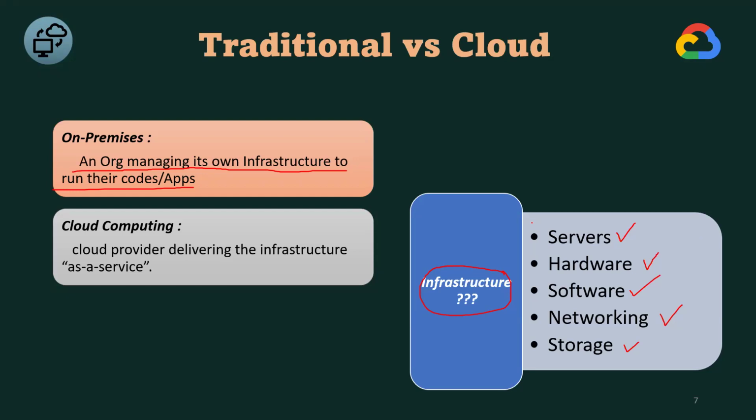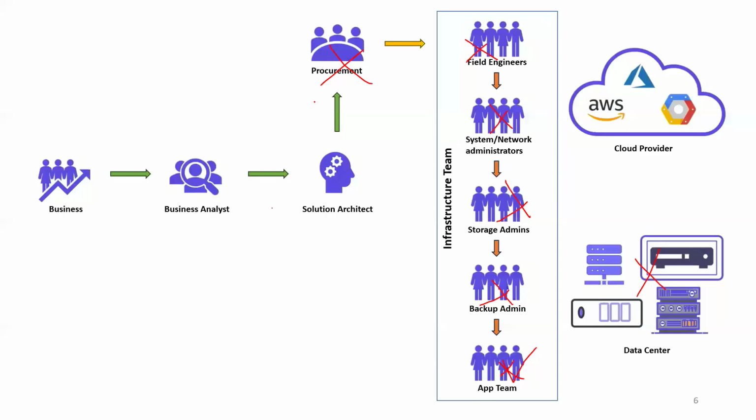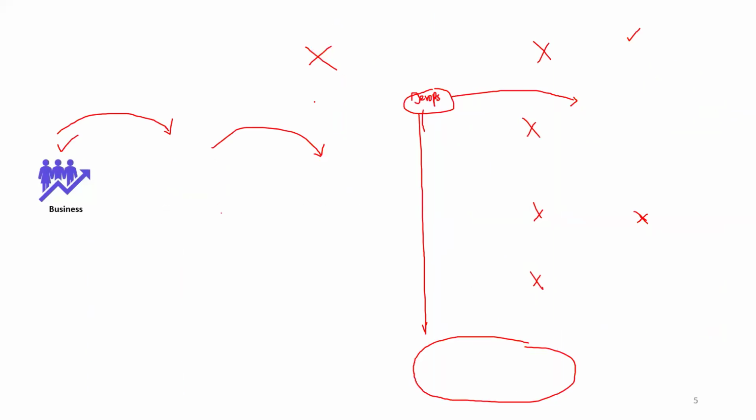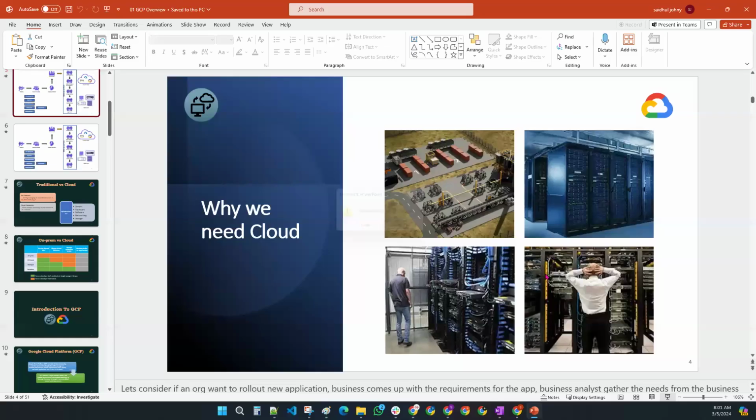So when I say why we need cloud platforms, I told you this entire step because when you are working in a company, you should know what is happening end to end. If you understand what is happening end to end, tomorrow you may become a solution architect.